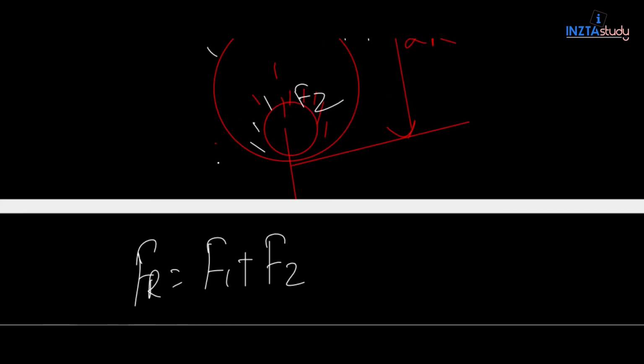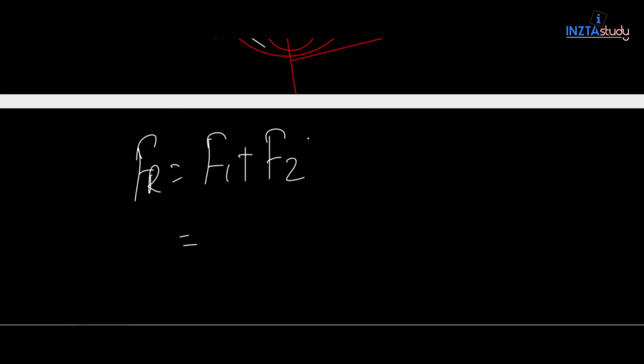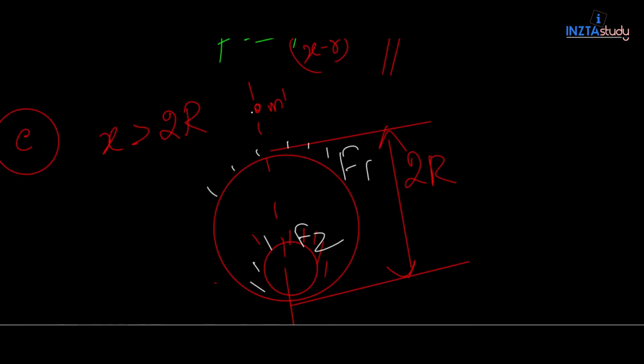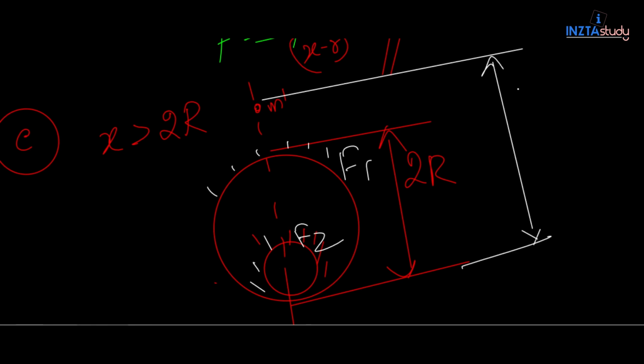So F1 we have made for the bigger sphere, which is G m dash capital M divided by x minus r, since the total distance from this point up to mass m dash is x.